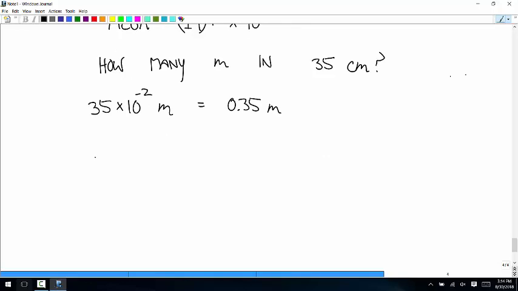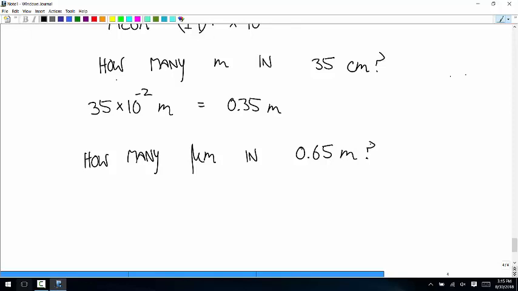That's a little bit different. So let's say, how many microns, micrometers, are there in 0.65 meters? So this time we're starting without a prefix and we're trying to add one.